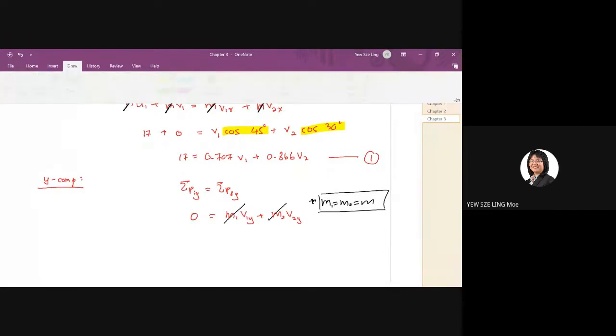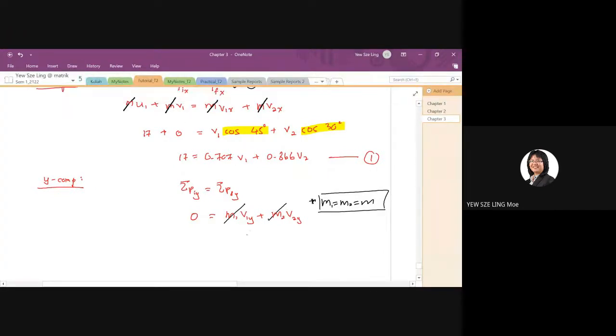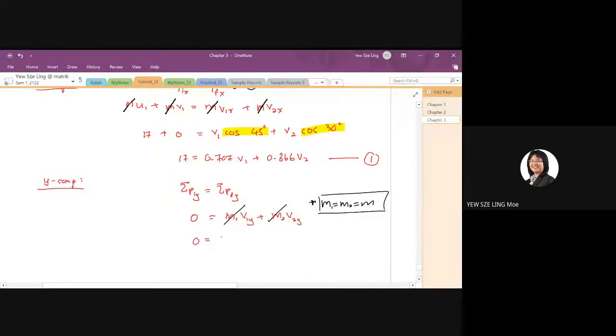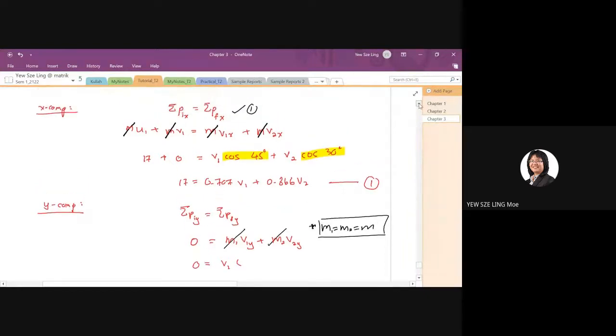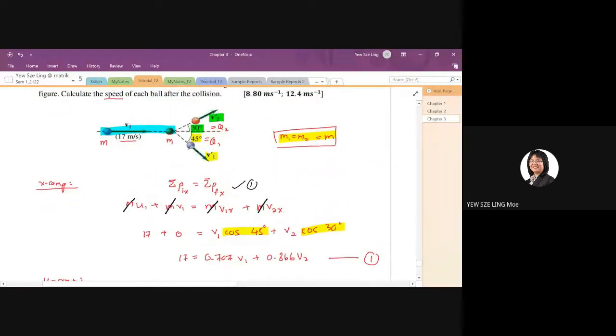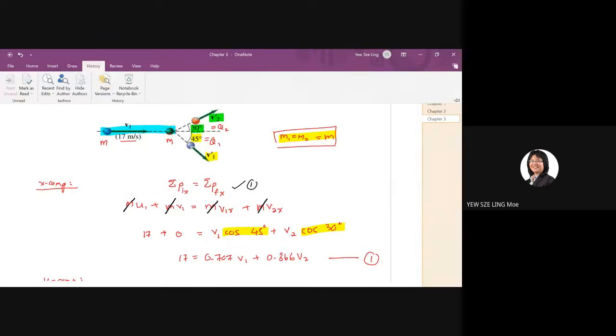So what next? Again, I'm going to expand my Vy. So 0 equals to V1. Now let us go back to the diagram. If you look at the diagram, if I resolve V1, what am I going to get?